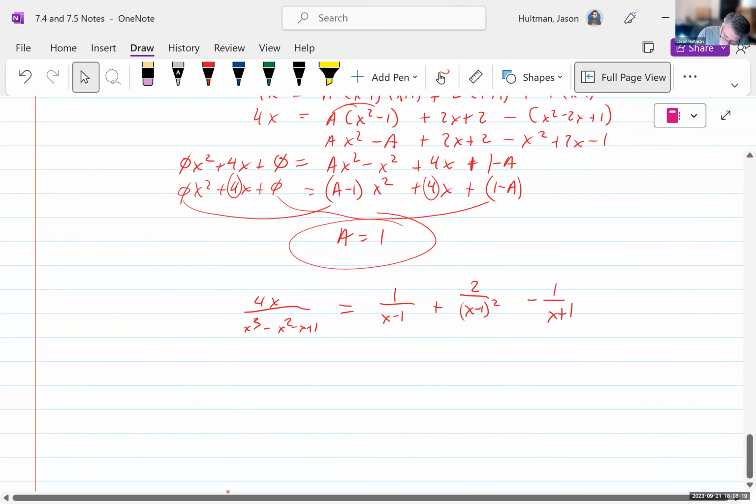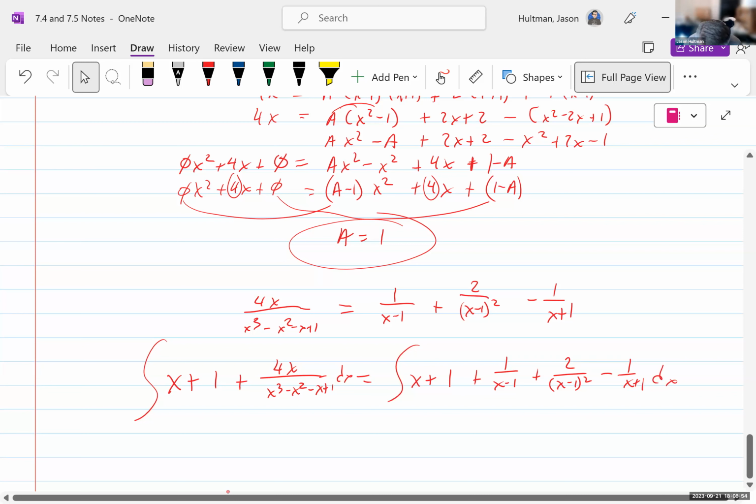So we have x plus 1 plus 4x over x cubed minus x squared minus x plus 1 is equal to x plus 1 plus 1 over x minus 1 plus 2 over x minus 1 squared minus 1 over x plus 1. And we want to integrate this.